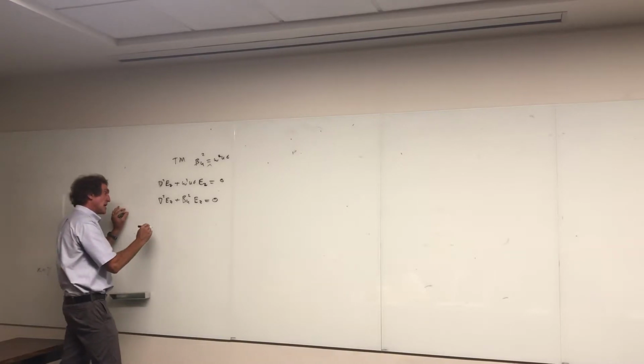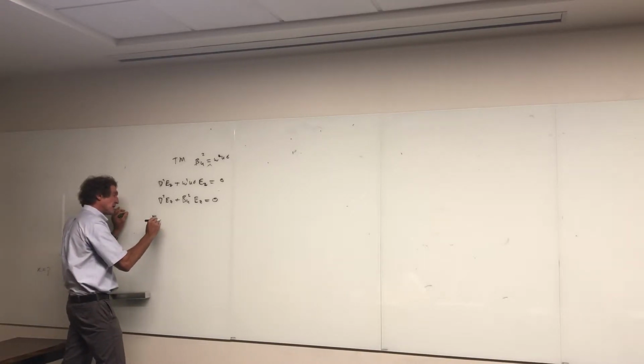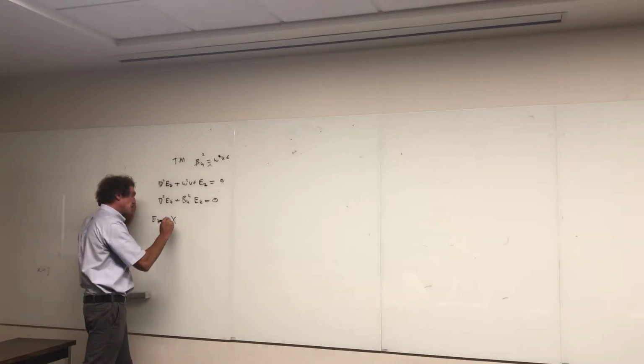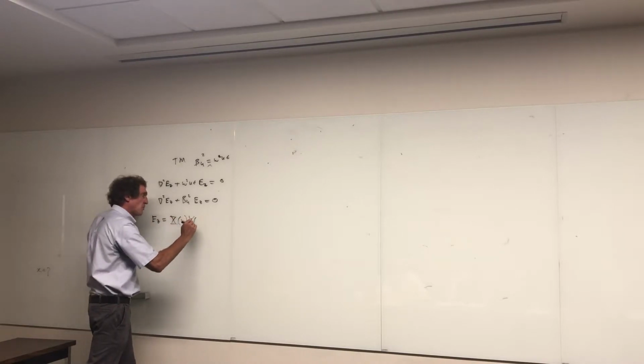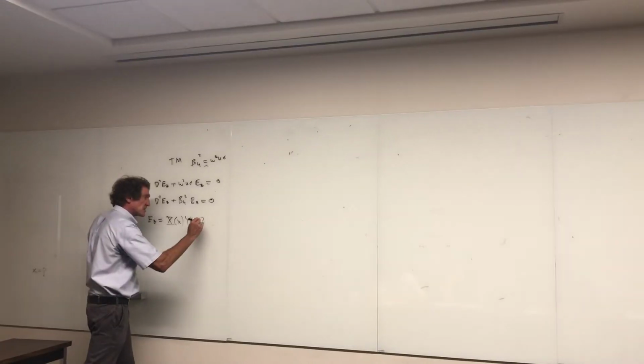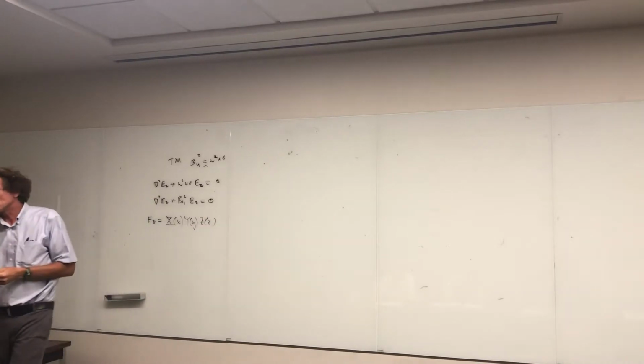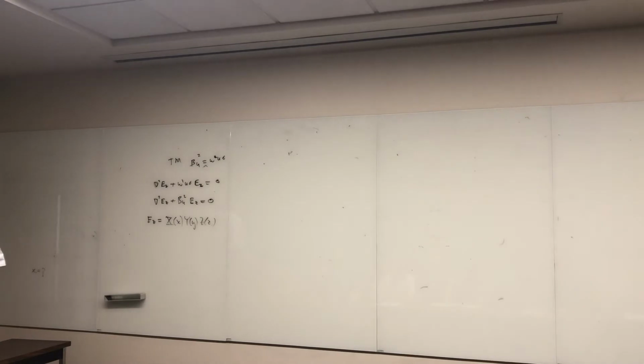So now I'm going to let Ez be equal to some function just of x, I call it X of x, a function just of y, and just of z. So I've assumed this. Now if separation of variables works, then I'll be able to separate out the equation into equations just in x, just in y, and just in z.